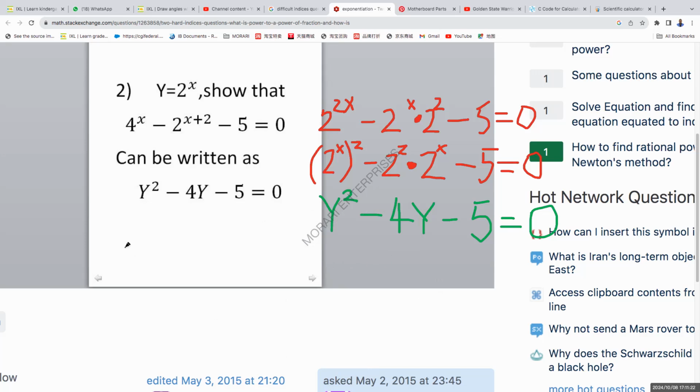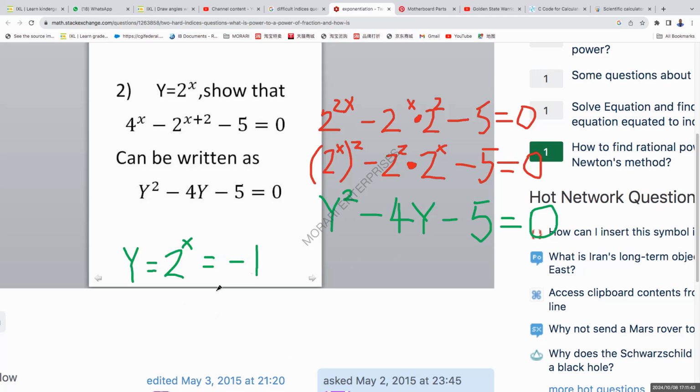Then we say, y equals negative 1. But y is the same as 2 to the power x. So all this equals negative 1. So 2 to what power will give us negative 1?